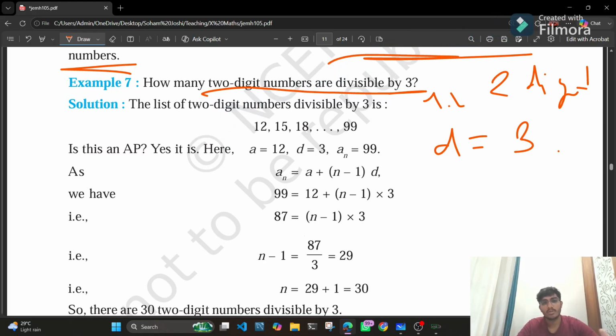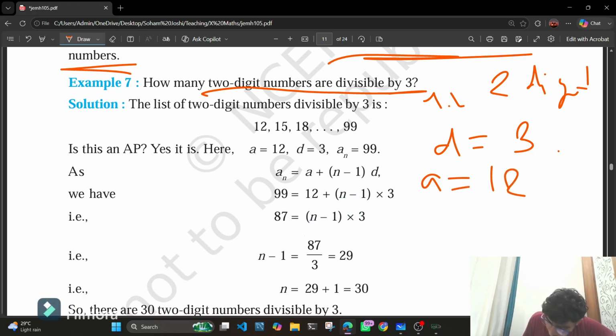But the catch is we need two-digit numbers. So we need to find the first two-digit number that is divisible by 3. The first two-digit number is 10, which is not divisible by 3. 11 is not divisible by 3. 12, yes, 12 is divisible by 3. So our A is 12.